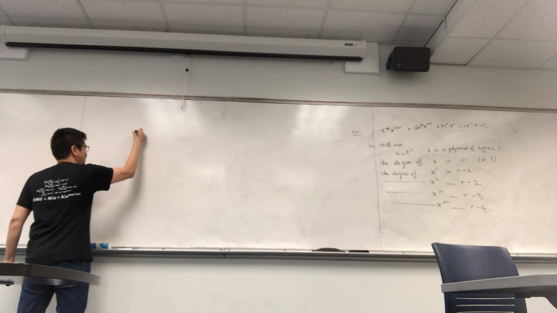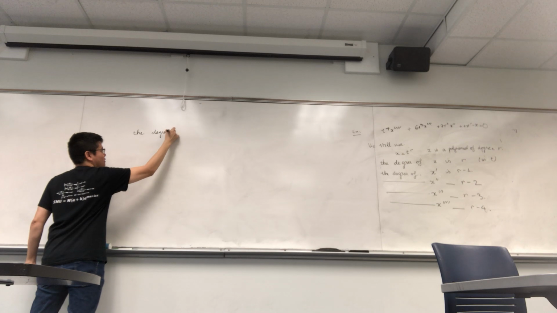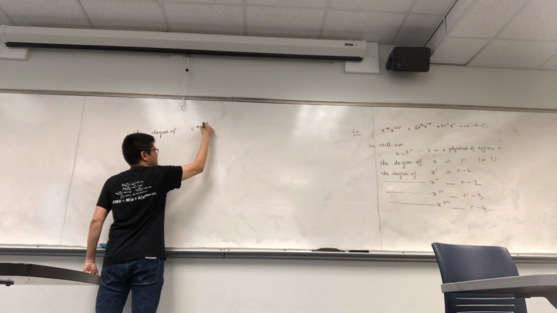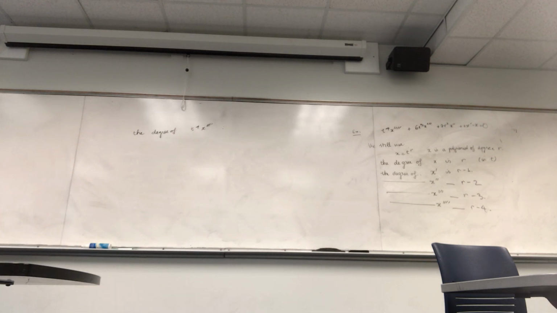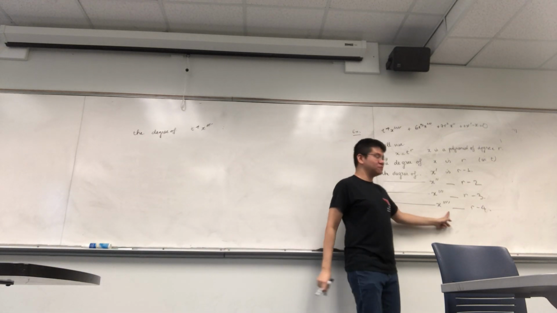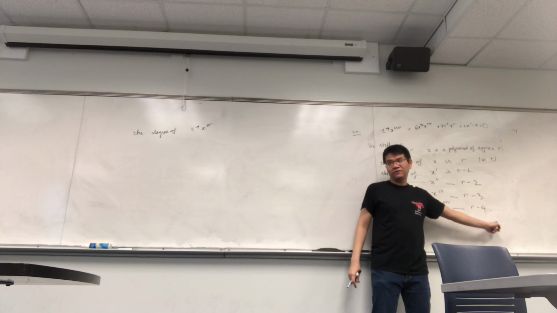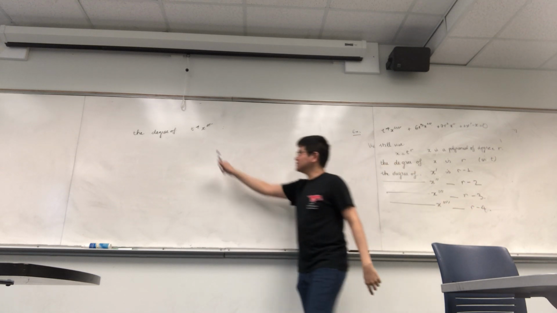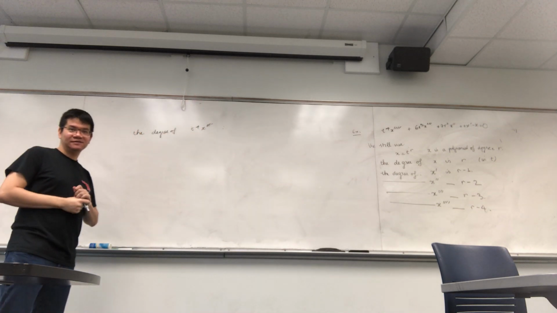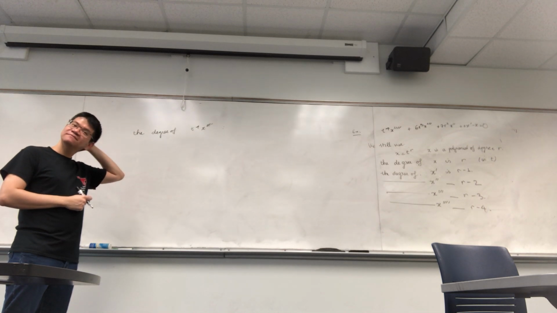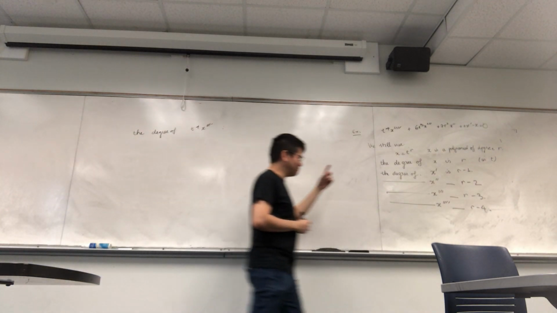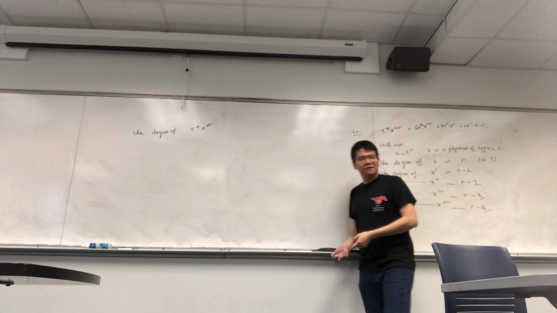So now I'm going to look at the degree of t to the 4 times x fourth. You know that x fourth is a polynomial of degree r minus 4 in t. What is the degree of t to the 4? You have a polynomial of degree r minus 4 times a polynomial of degree 4.